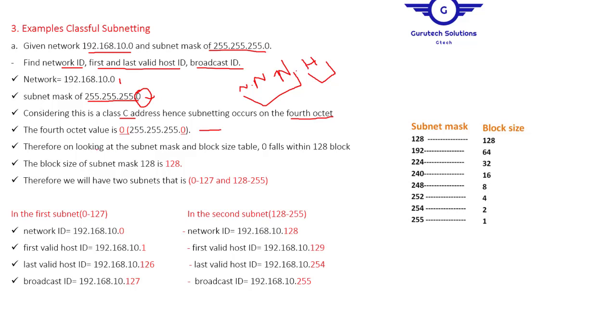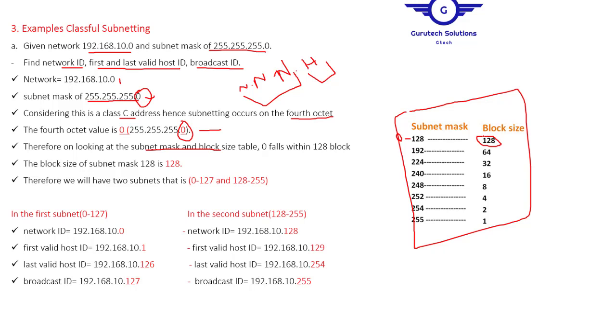So therefore, looking at the subnet mask and block size table, which I told you is a very, very important table during subnetting, we see that the last value falls within 128, because this is like from 0 to 128. So this 0 falls within 128, and then the block size will be 128.